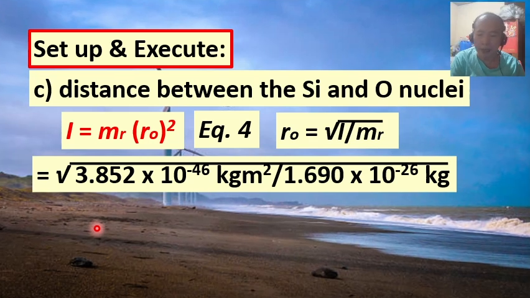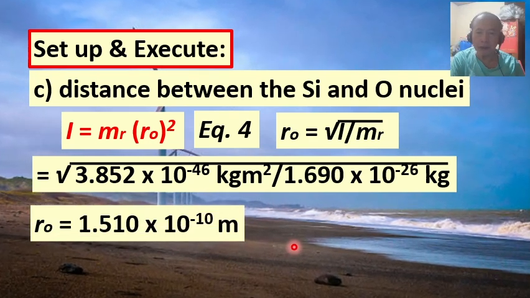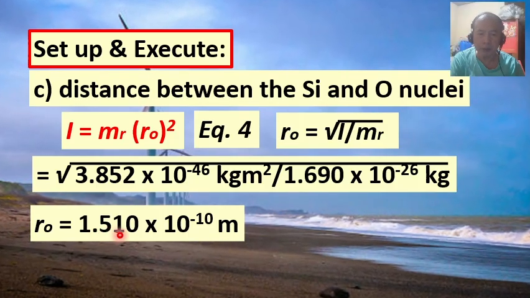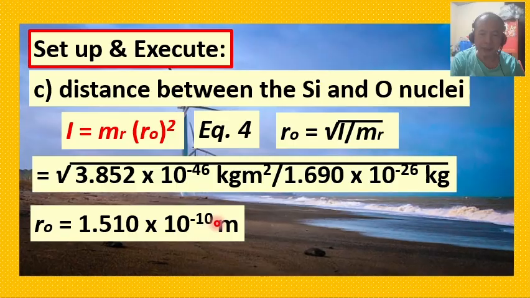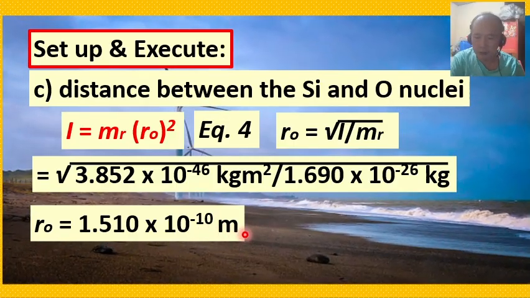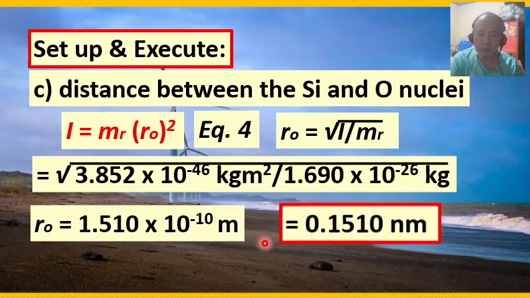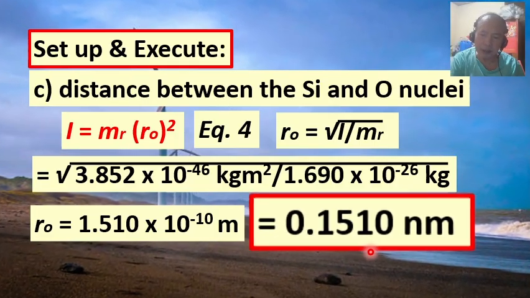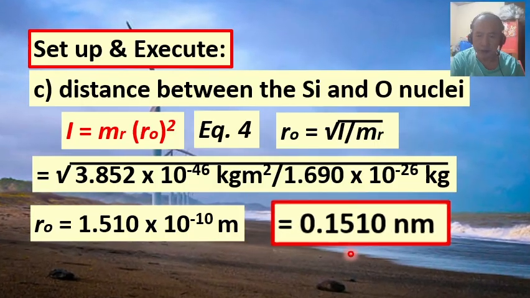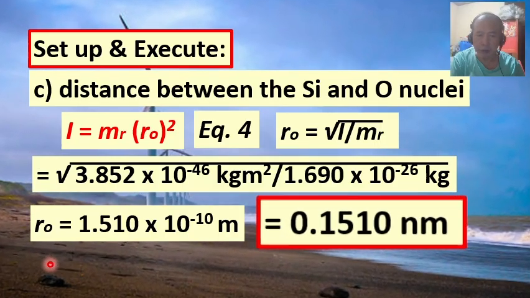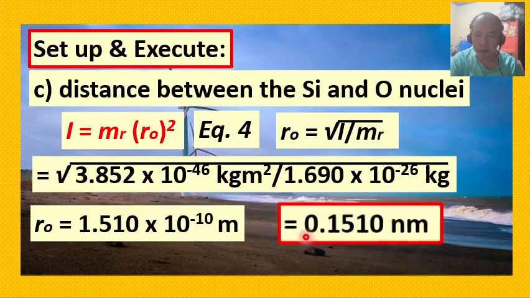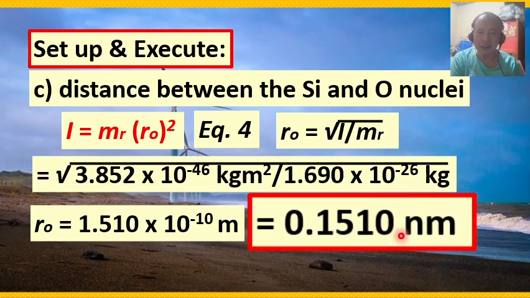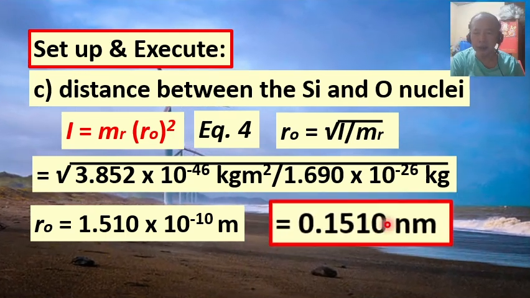Once again, when we do our math, we get r sub naught equal to 1.510 times 10 raised to the negative 10 meters, which can be simplified and expressed in nanometers. That is, r sub naught is equal to 0.1510 nanometers. So this is the distance between the silicon and oxygen nuclei.